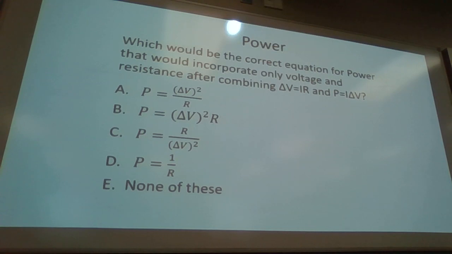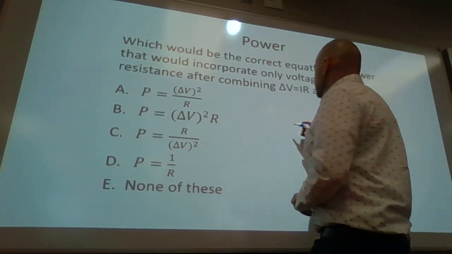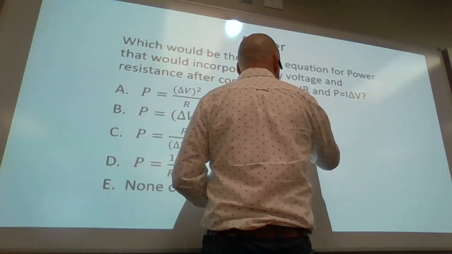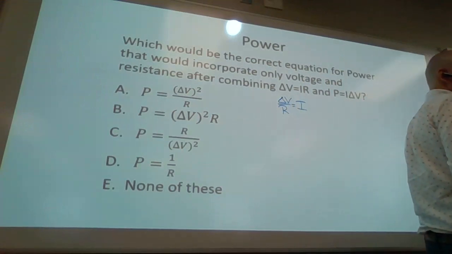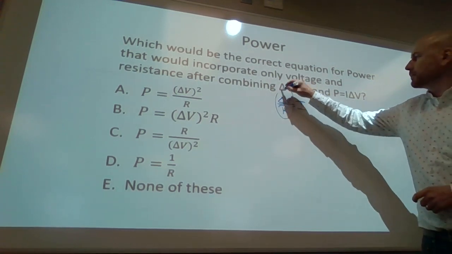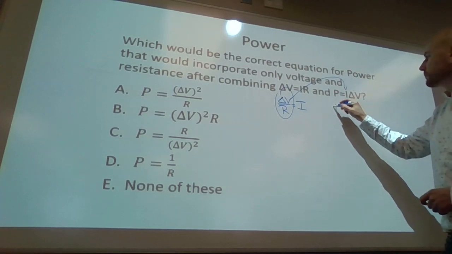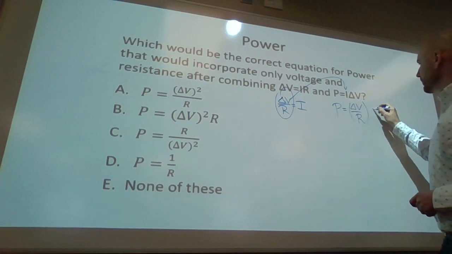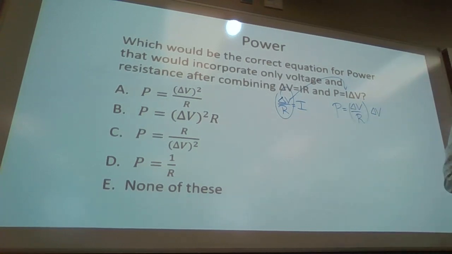Tell your neighbor. So we know that current is equal to voltage over resistance. Correct answer is A.